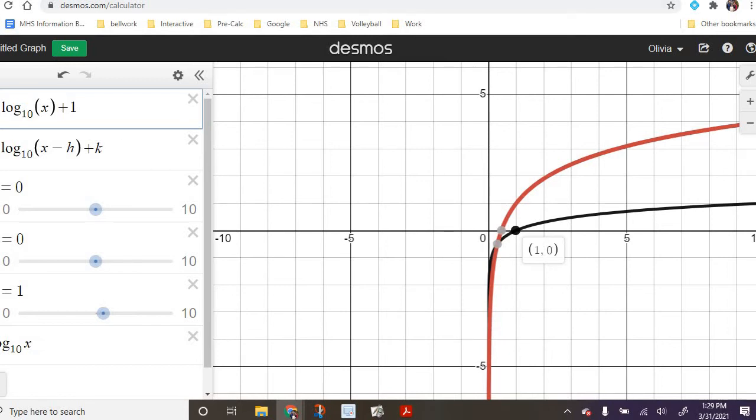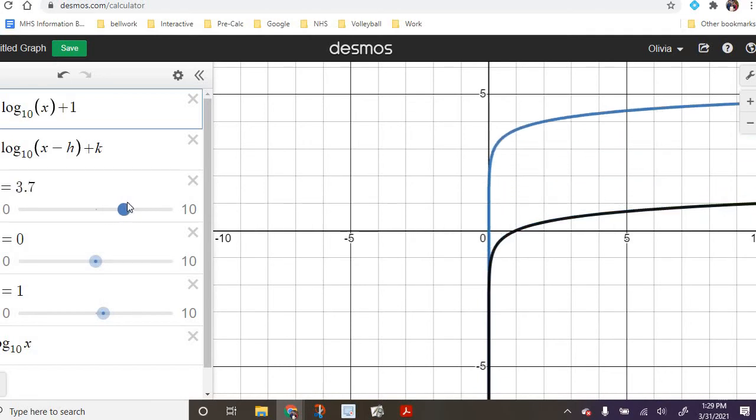So in general, if I have anything that's being added on the outside of our function, it's going to shift my function up if it's positive or down if it's negative.